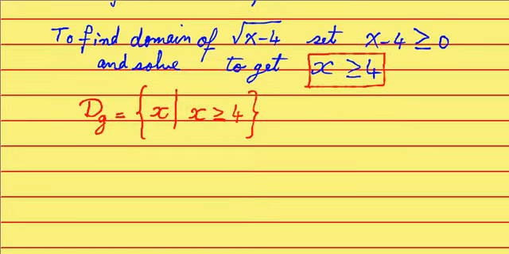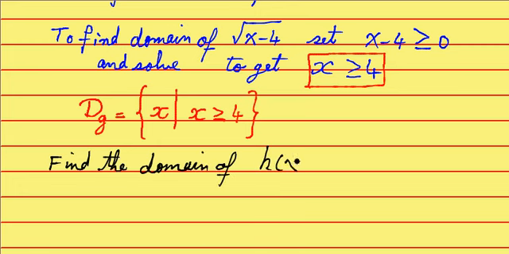Let's go ahead and take a look at another problem. Suppose I ask you, find the domain of, call it now h of x. F, G, H are traditional letters used in this context.